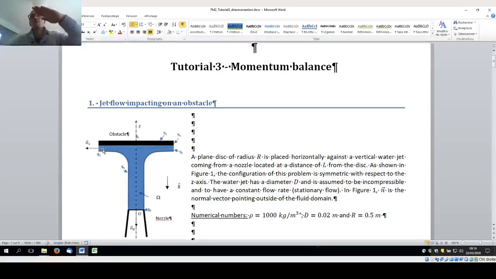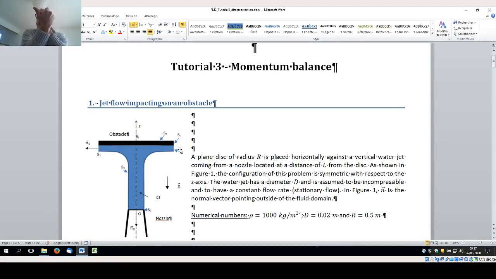The plate is horizontal here, and we have an axisymmetric problem around the z-axis. So what we can say is that what's happening on the left side is exactly the same as what's happening on the right side. What's getting in on one side is getting out on the other side. What is getting out on one side is also getting out on all the sides, and this is axisymmetric.